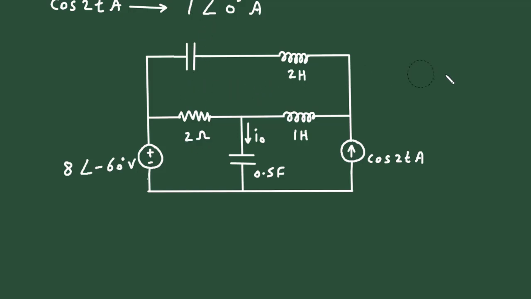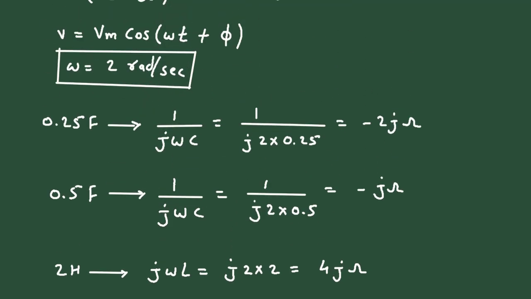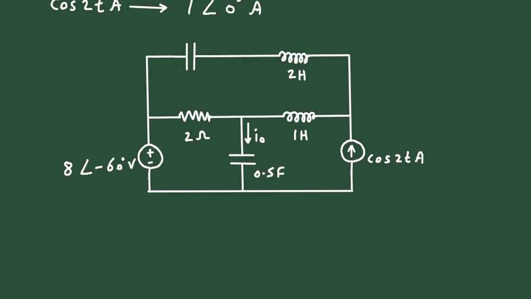Then this 0.25 farad will change to minus 2j ohm. Then this small I/O will change to capital I/O.